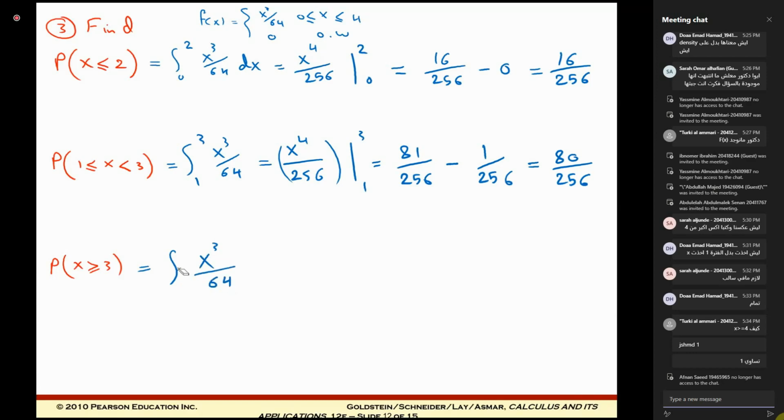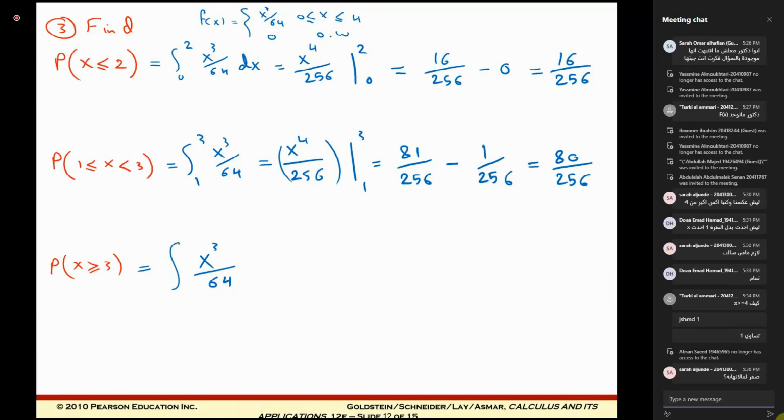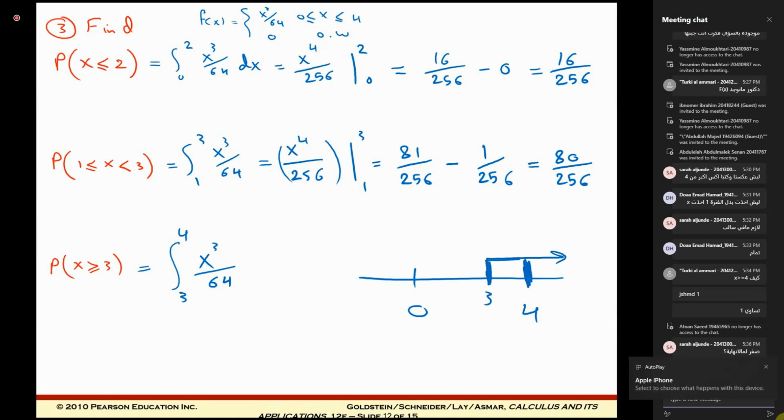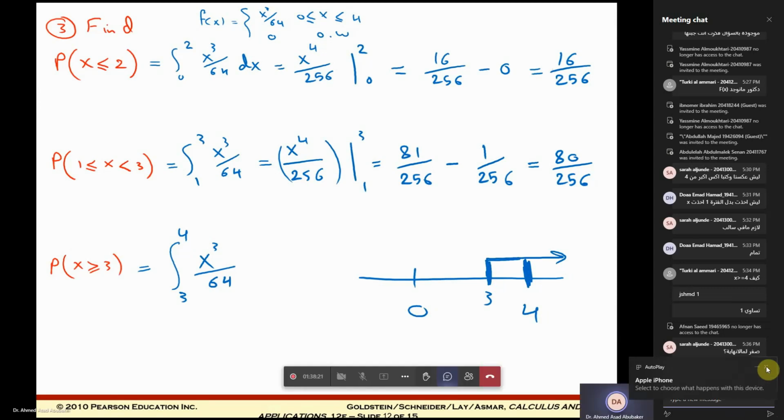Which is the value if we have greater than 3? If x is greater than or equal to 3, the integral is from what to what? The bounds, from zero to what? Why zero? From 3 to 4. Excellent. From 3 to 4, because x is between 0 and 4, and if it is greater than 3, from 3 to the end, what will it be? 4. Okay, Sara?